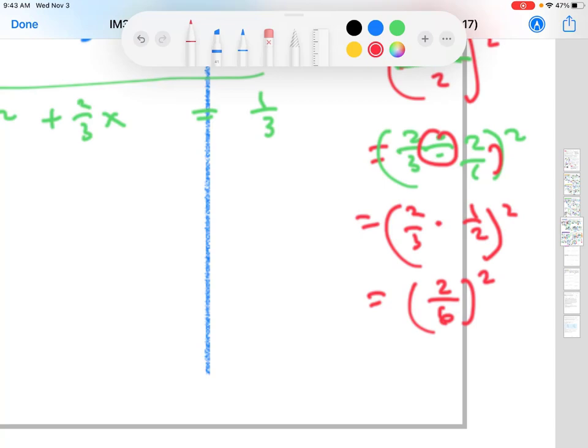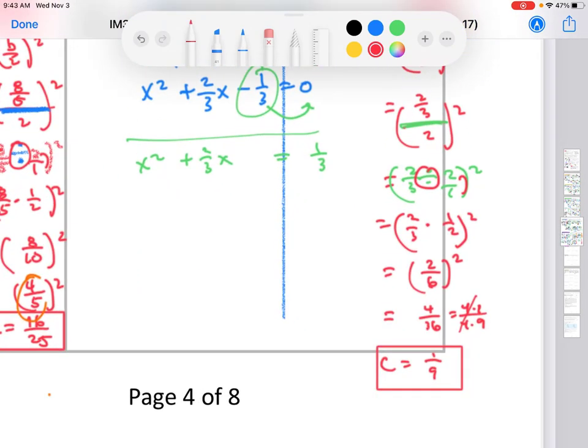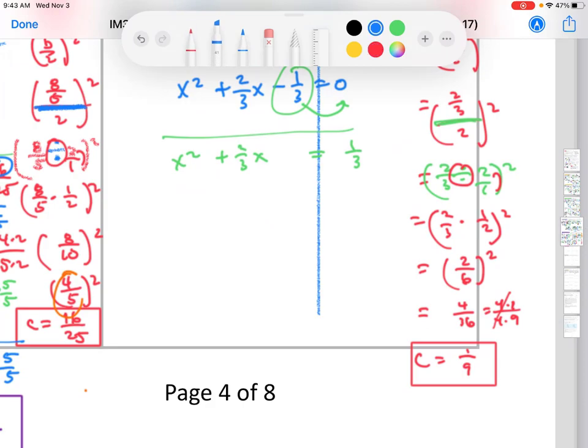You can reduce that if you want, it's okay if you don't. You will get 4 over 36, which reduces to 1/9. So let's put it here, 1/9.